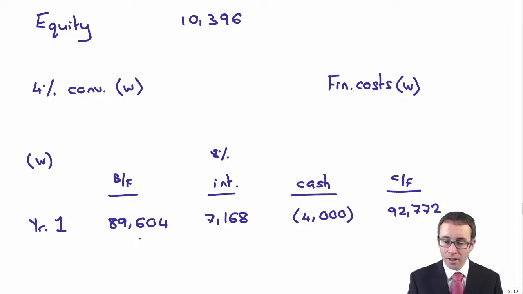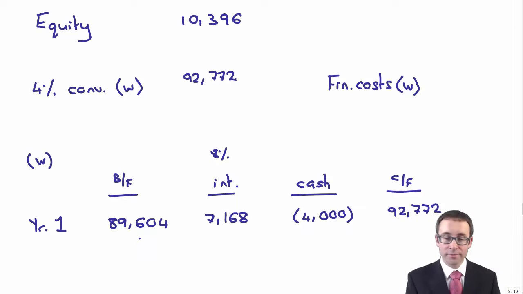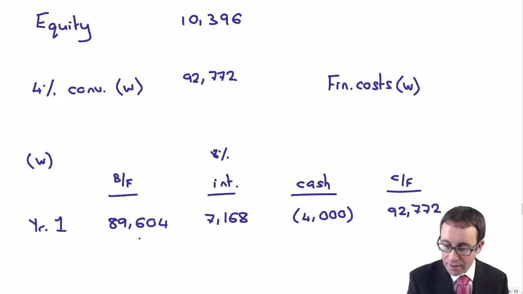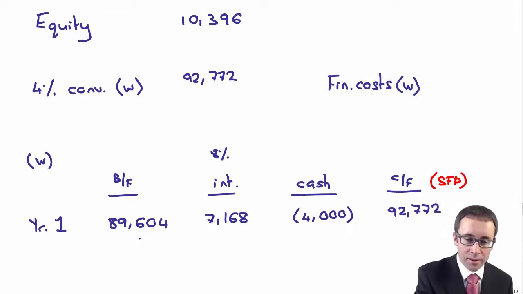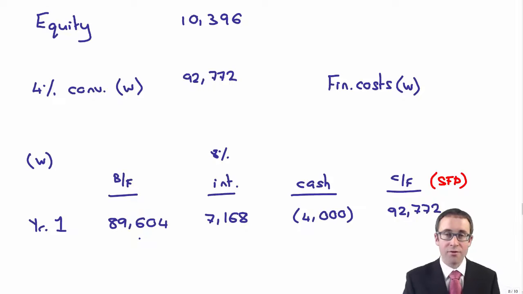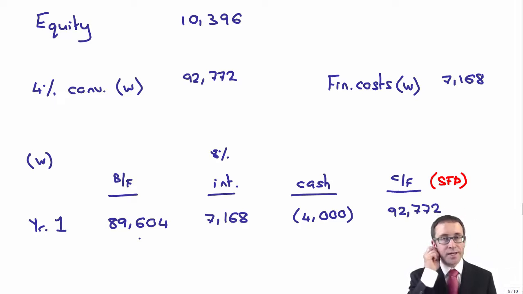Okay, so my liability is at 92772 at the end of the first year. So you can see that that liability is growing closer and closer to our redemption value, which was 100,000. I think if you were to carry it on for the next 3 years, you should get close to 100,000. And then your finance costs are there at 7168. Okay, there we go.